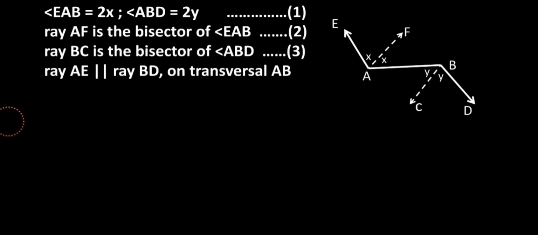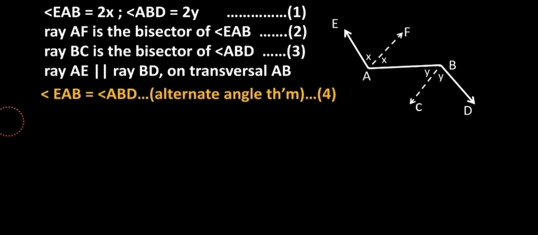Now AF and BC are given as bisectors to me, so write it and number it, so that if we need the value or we need it as a reason, I can just give the number of it. Ray AE is parallel to ray BD, that is given to me, and I took alternate angles on transversal AB, so mention that AB also. So here we are with the first step of our answer.